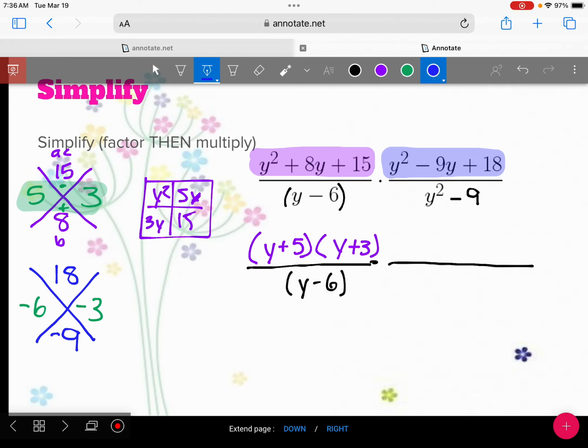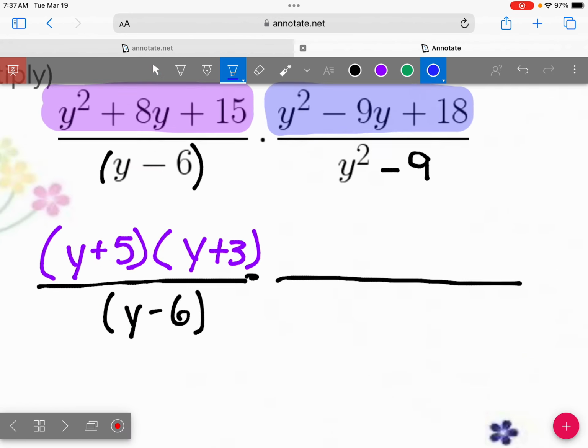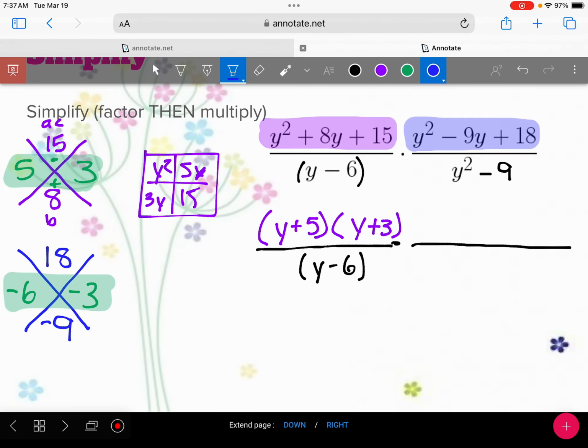So again, we can notice that these are going to be our roots. So we're going to wind up with, use the box if you need to, but we're going to get to y minus 6, y minus 3. When my a value is 1, these are the pieces that go in my factors.